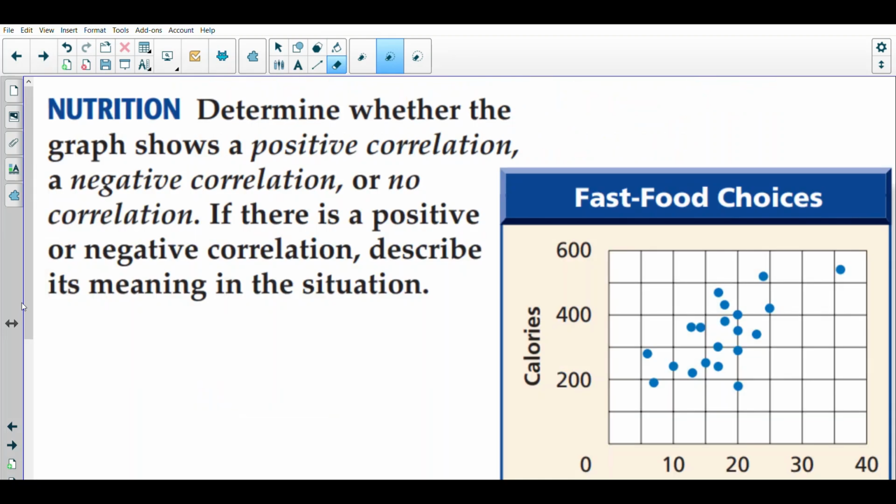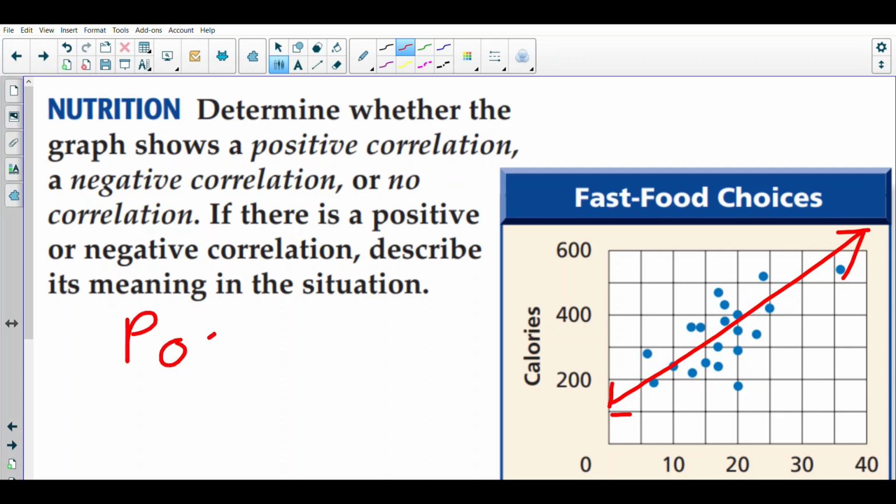All right, so let's get started. Determine whether the graph shows a positive correlation, negative correlation, or no correlation. If a positive or negative correlation, describe its meaning. As we move from left to right, we can see that there is a slight line, to the best of our ability, that we could draw through it. As it moves from left to right, it starts to go up, so there is a positive correlation.